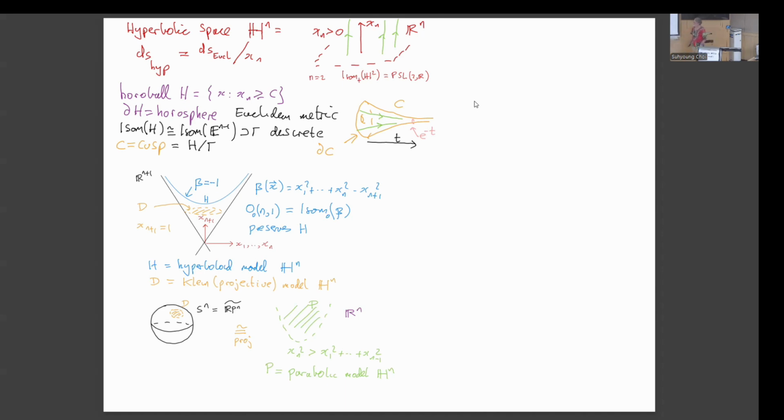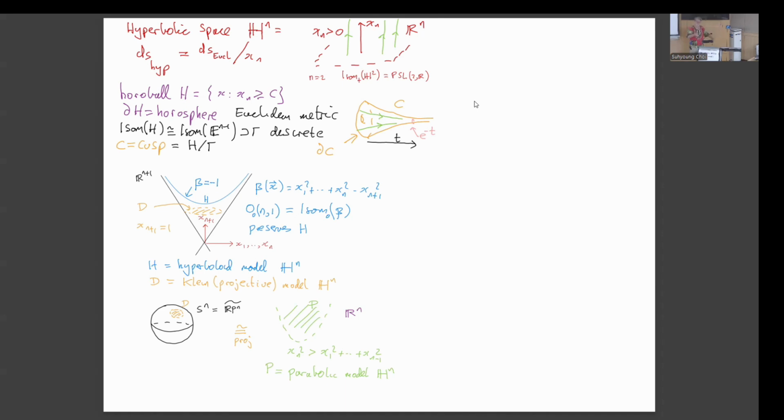Now we're going to be interested in cusps, and that means we're going to be interested in horoballs. So what is a horoball? If you take a point in hyperbolic space, you can take the ball of radius r around that point. If you move the point off to infinity and increase the radius at the right rate, then the limit is a horoball.